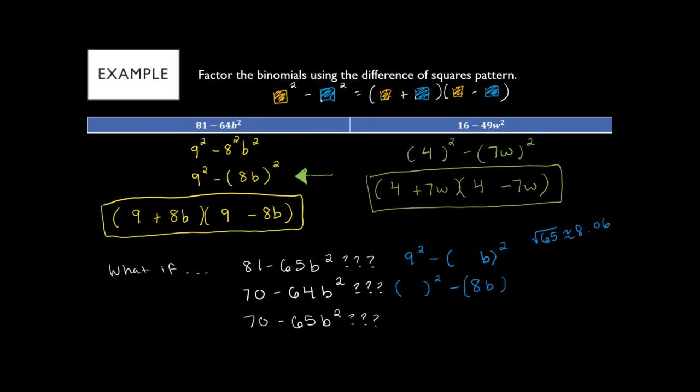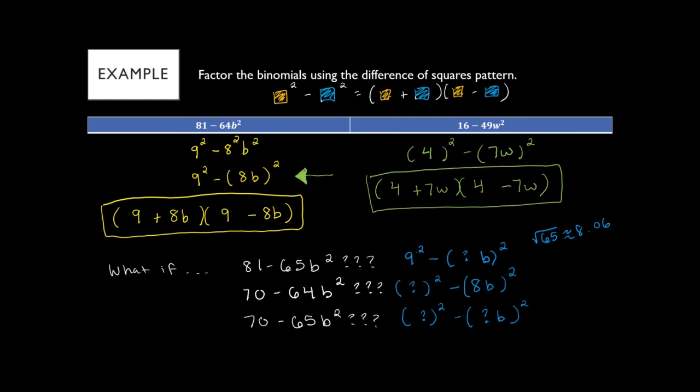While the 64b squared is okay, we have issues with the 70. And when you combine those, you have an issue with the 70 and with the 65. Because you don't have a number to put there, you'd have a decimal. When we factor, we don't use decimals, we want whole numbers only.